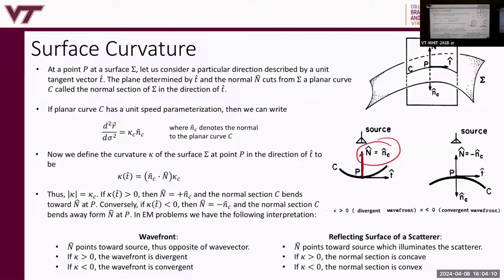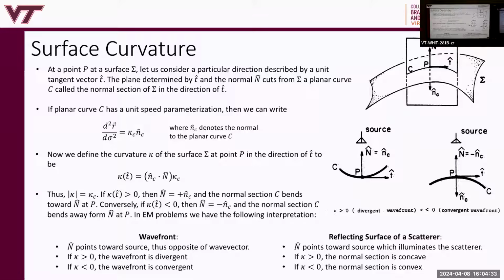The way that happens is if the curve is concave toward the source, which would give you a diverging wavefront. If the source is transmitting, then the wavefront is diverging. So this is a divergent wavefront when the curvature of the surface is greater than 0, and opposite for when kappa is less than 0.